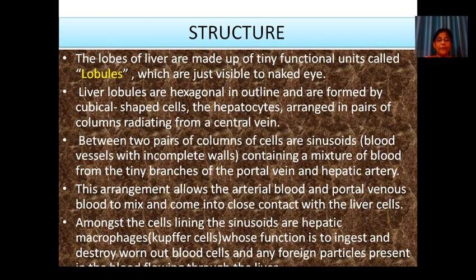Keep in your mind, this is a very important landmark, that hepatic macrophages are Kupffer cells. The function of these Kupffer cells is to ingest and destroy worn out blood cells and any foreign particles present in the blood flowing through the liver.